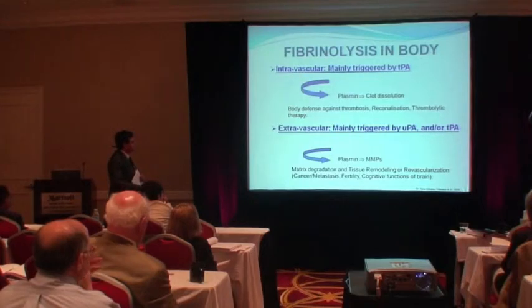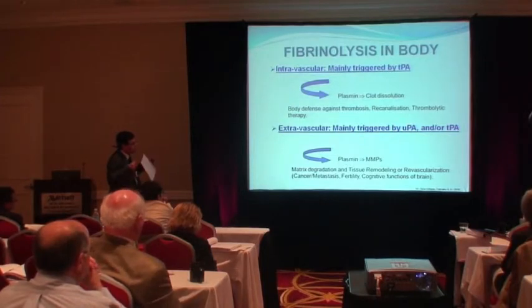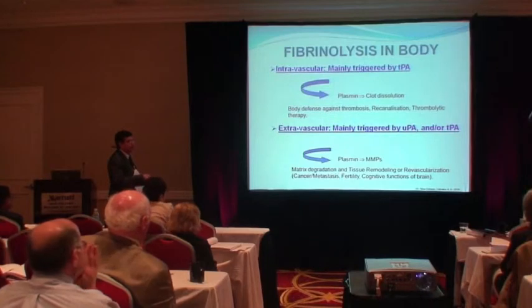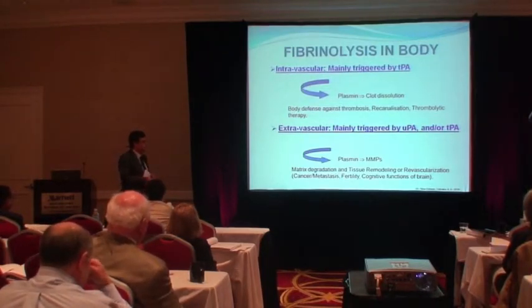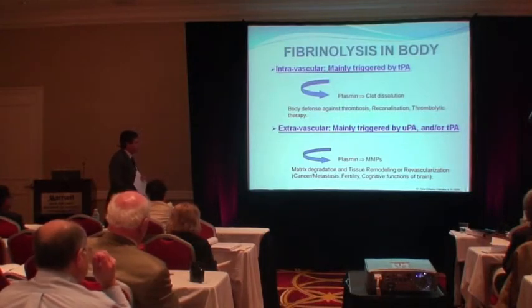In the extravascular compartment, fibrinolysis is mainly triggered by UPA and the UPA receptor, which focus the fibrinolysis activity, or TPA and annexin 2, which helps to focus the fibrinolytic activity on cells exposing annexin 2.